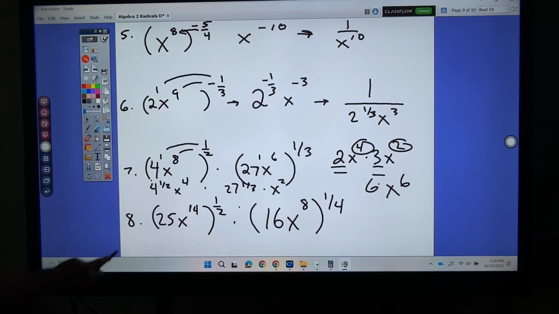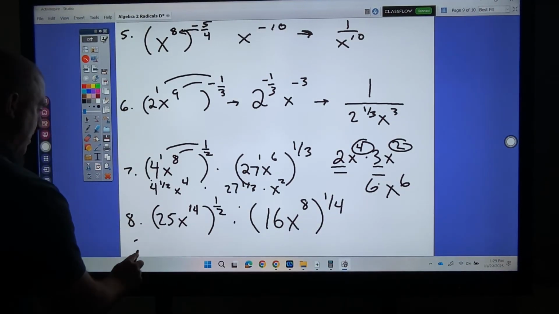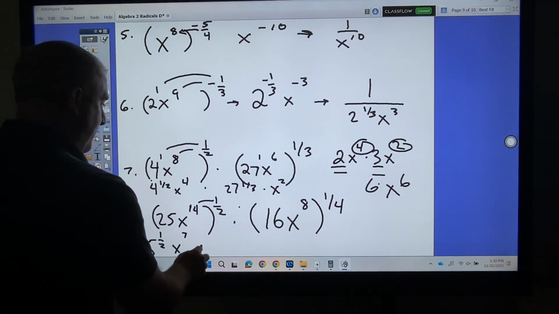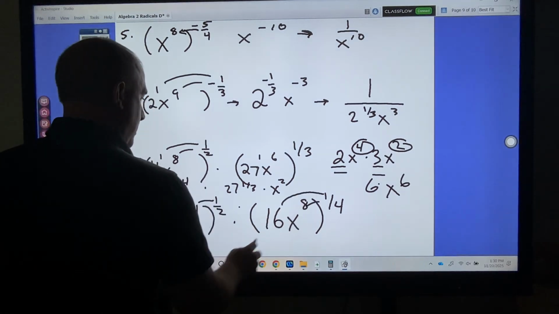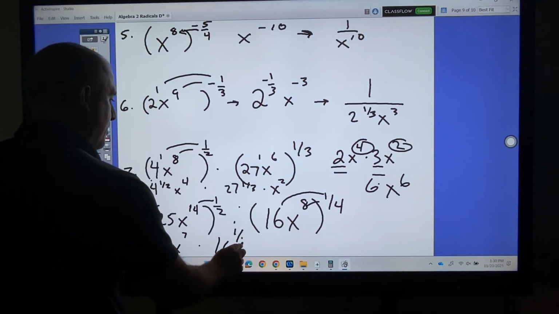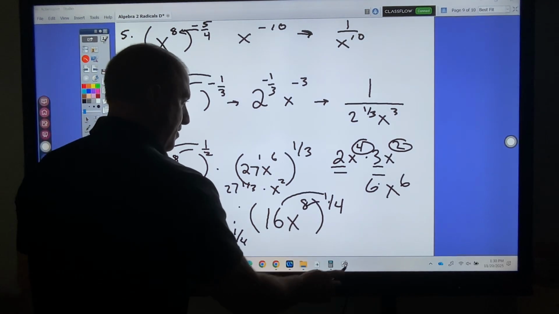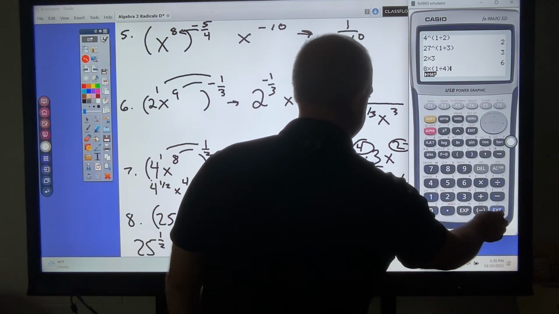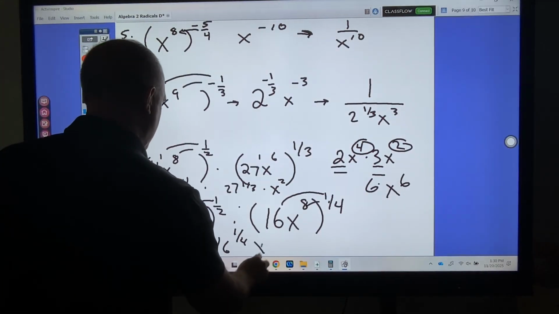All right. Square root, I got 25 to the 1/2. 1/2 times 14 would be 7. Then that would be 16 to the 1/4. 8 times a 4th is 2. All right.